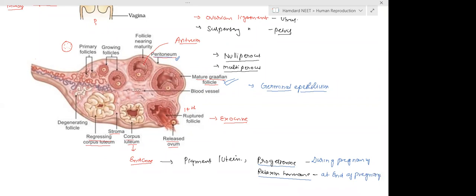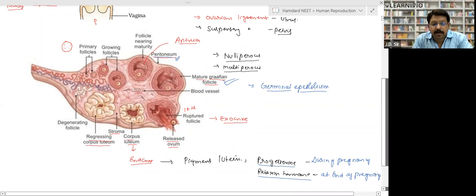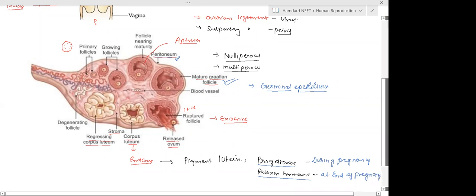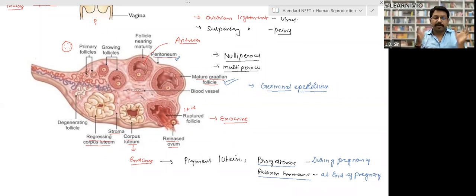So it releases relaxin hormone at the end of pregnancy, right? At the termination of pregnancy, when childbirth takes place, it is really the relaxin hormone. What does relaxin hormone do? It relaxes the ligament so that the birth of a child takes place. So before the birth of the child, the relaxin hormone is released, when the 9 months get completed.